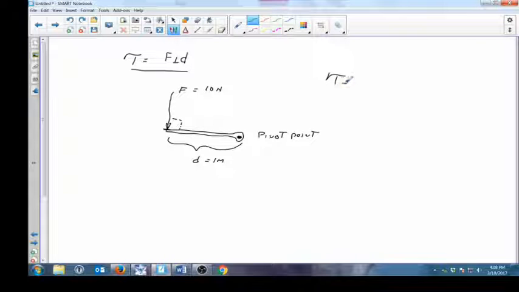Then our torque would be equal to our force times distance, which is, it's already perpendicular, 10 newtons times 1.0 meters, which would make our torque 10 newton meters. Hopefully that's pretty obvious.